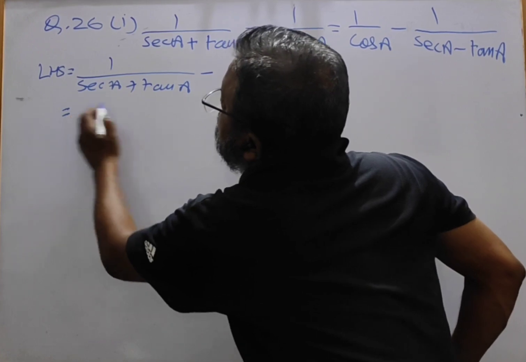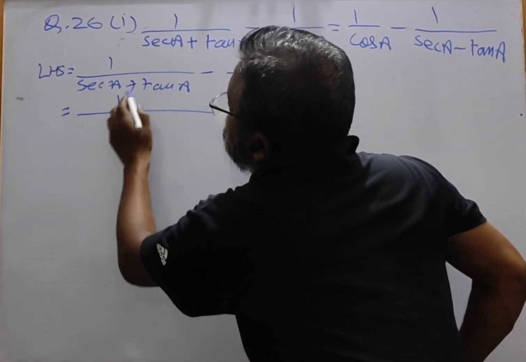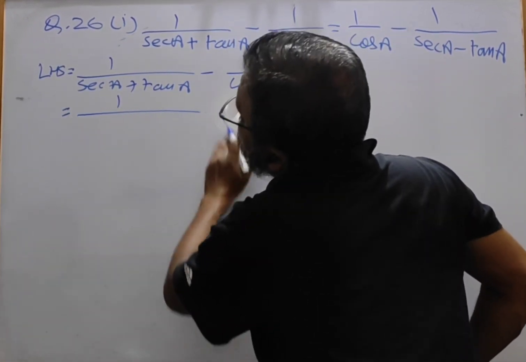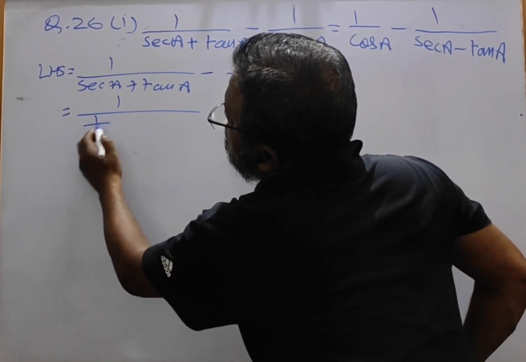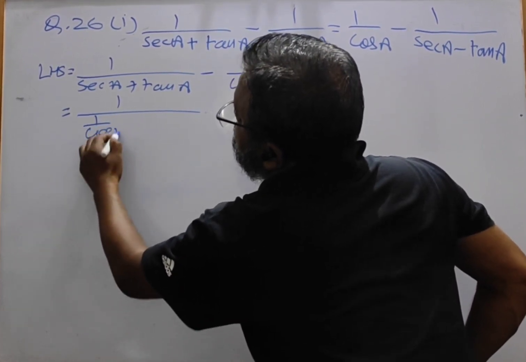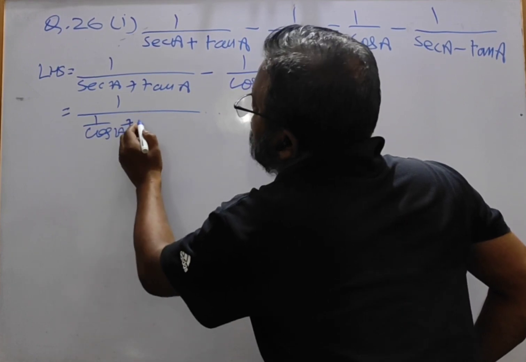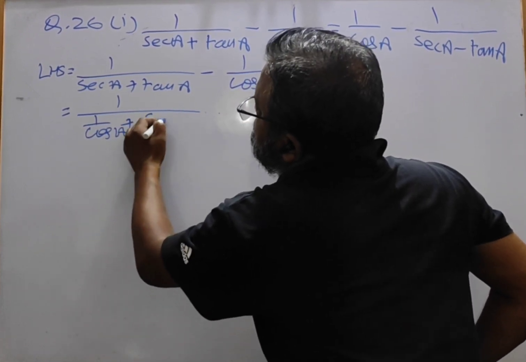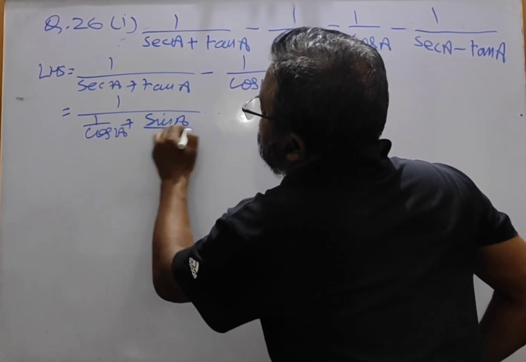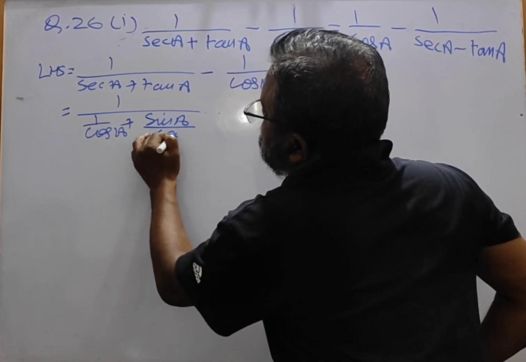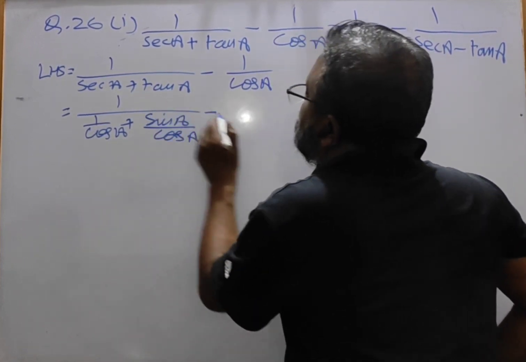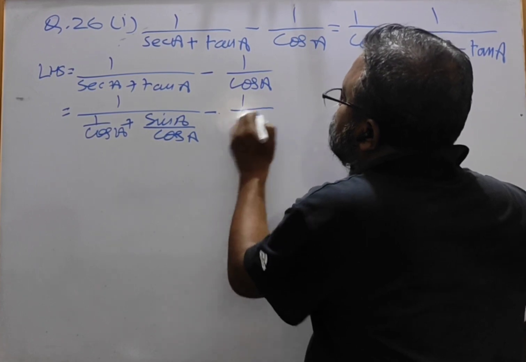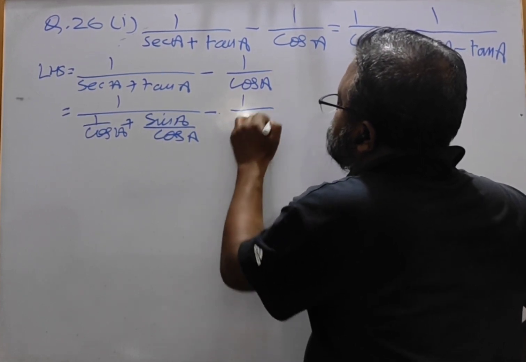We can write 1 upon sec A means 1 upon cos A, plus tan A means sin A upon cos A, minus 1 upon cos A.